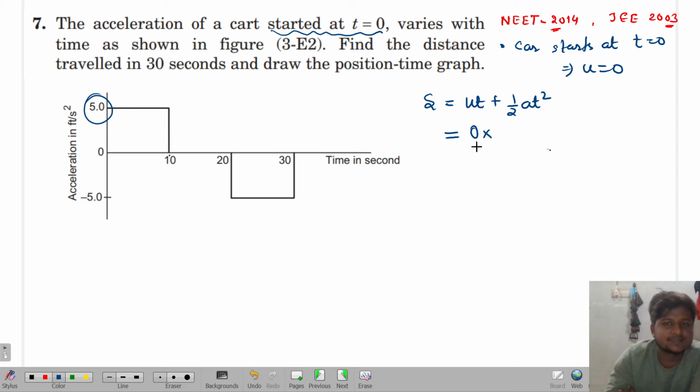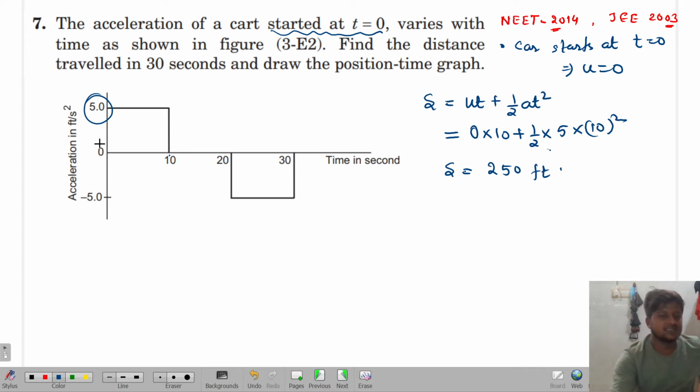Till 10 seconds I have the acceleration of 5. So half times 5 times 10 square gives displacement equal to 250. Acceleration is given in terms of feet, so you will get the answer in feet. So the distance in the first 10 seconds is 250 feet.